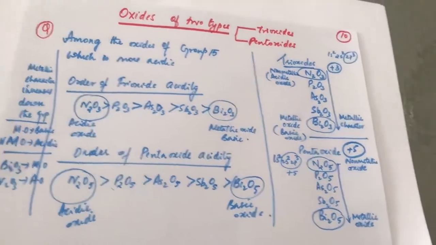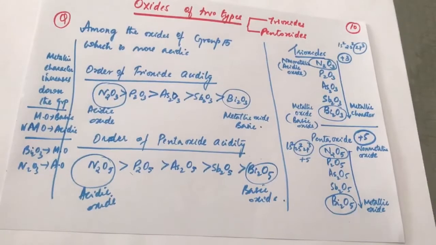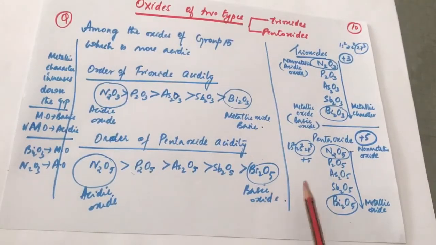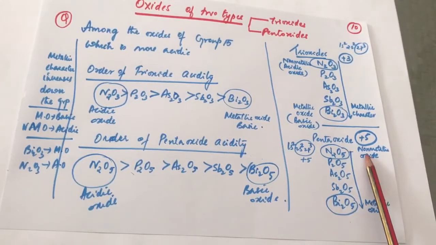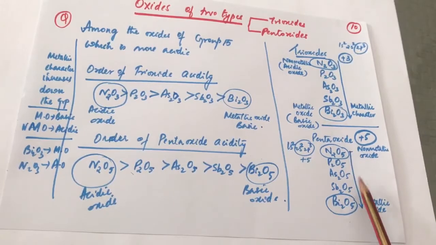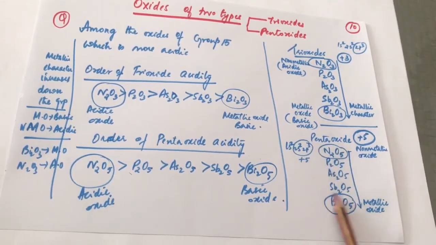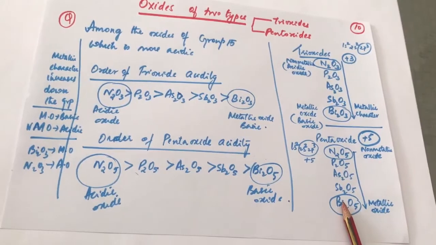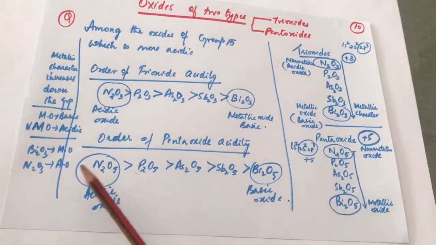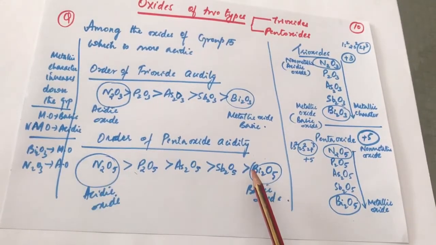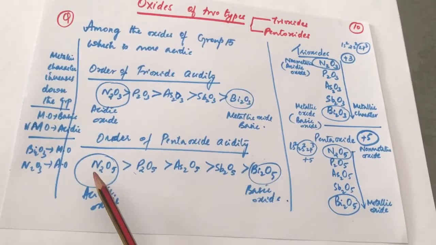Now these formulas once written, they will be asking you the order of the acidity. As I told you, here also the non-metallic character will keep on decreasing and the metallic character increases, and as a result this will be a more acidic oxide than this one. So this will be more acidic oxide and this will be a basic oxide. So what happens to the acidity? Acidity will decrease as one goes with the pentoxides from top to bottom.